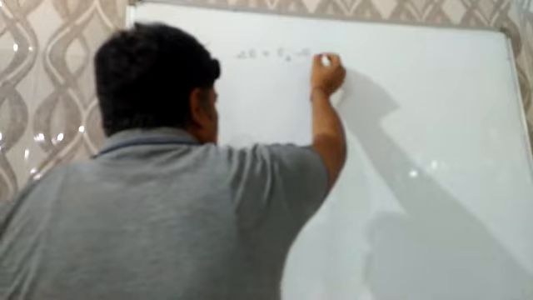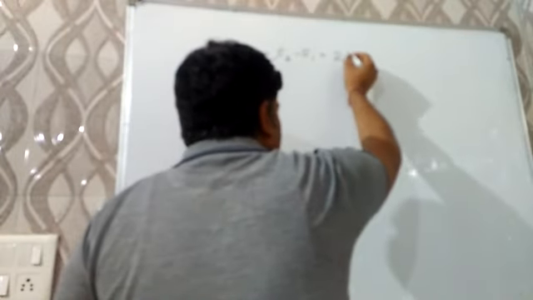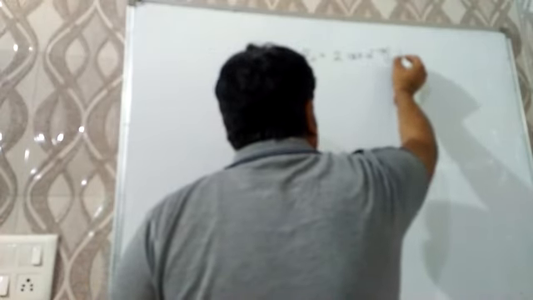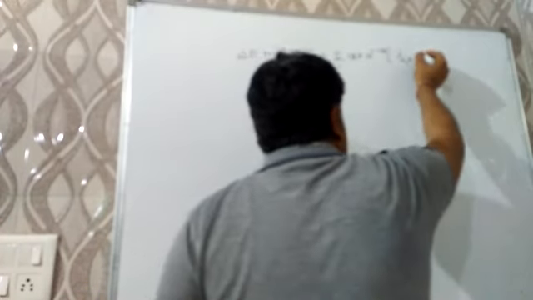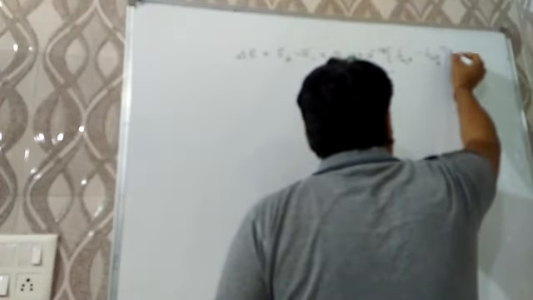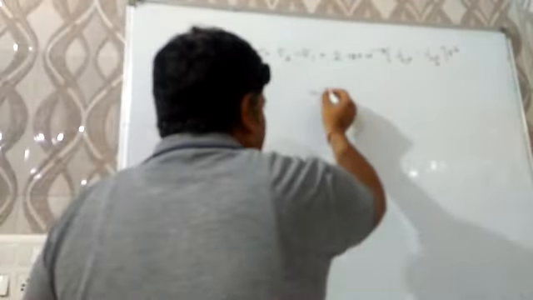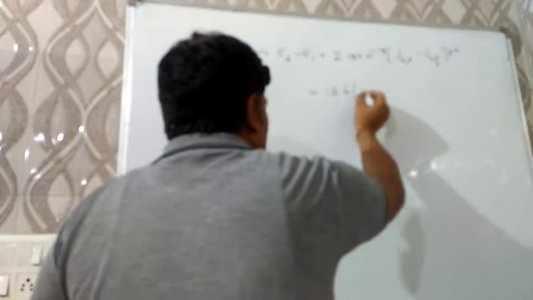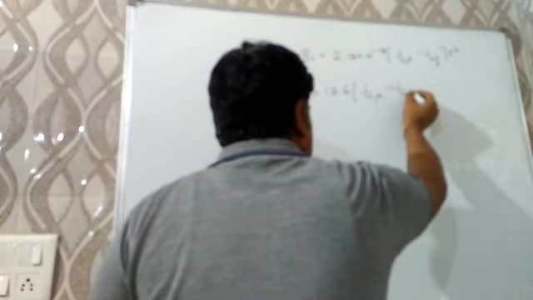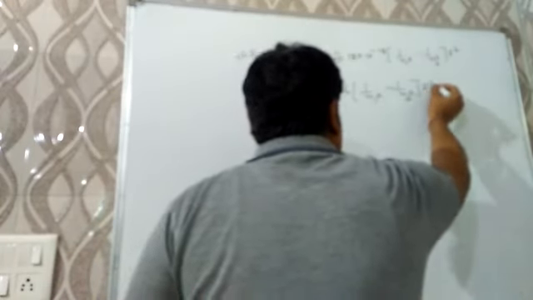In joule per atom, the value comes out to be 2.18 into 10 raised to power minus 18 into 1 by n1 square minus 1 by n2 square into z square. In electron volt per atom, it will be 13.6 into 1 by n1 square minus 1 by n2 square into z square.